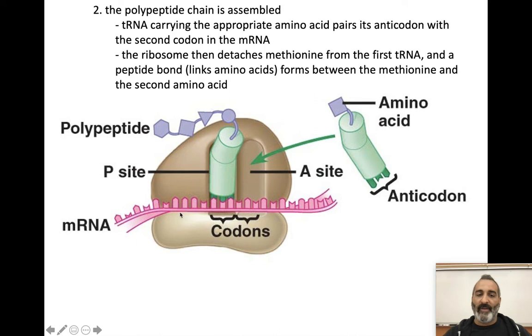And as it's fed through the ribosome, tRNA, these green things, they keep matching up their anticodons to the codons. Anticodon matches up codon, and then they keep dropping off amino acids, creating a chain called a polypeptide. So it keeps dropping off amino acids as a result of anticodons matching up to codons. That's how it knows where to lay down the amino acids.